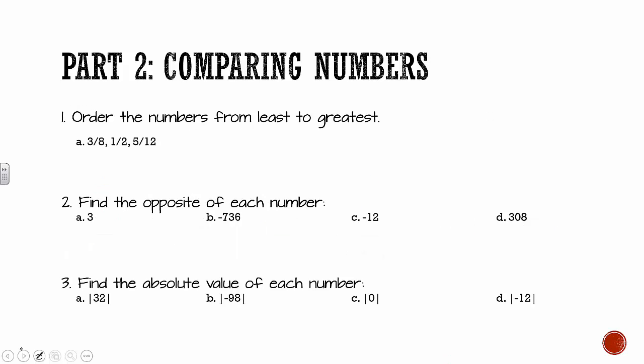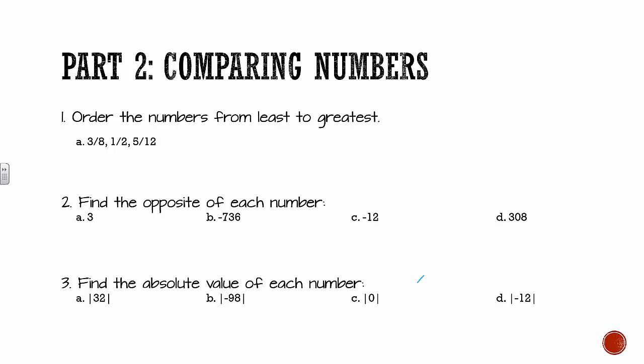So if I give you some numbers, you should be able to compare them. So the first thing, order the numbers from smallest to greatest. So we're going to be using our inequality signs. And in order to do this, since they're fractions, we could do a couple things. We could turn them into fractions with the common denominator, or we could break out our trusty calculators.